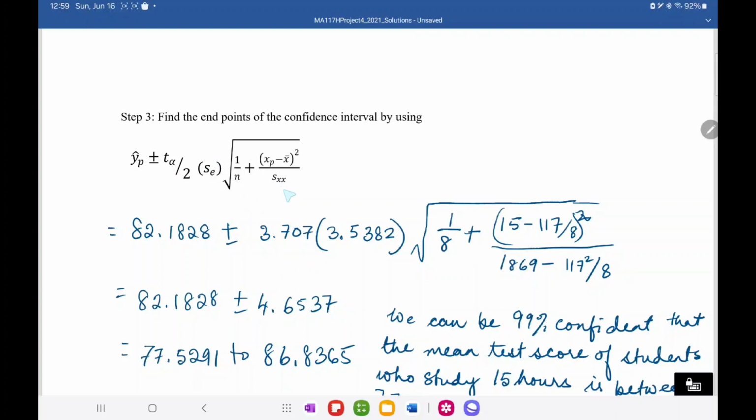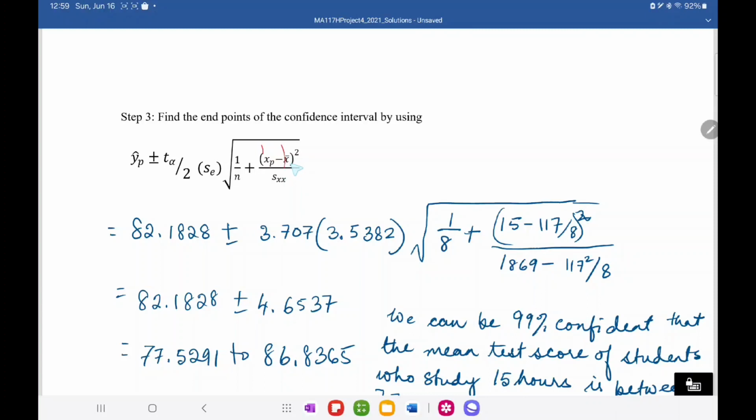Make sure you plug in the right values. Y hat sub p is going to be your point estimate, and to it we will add or subtract whatever the margin of error is from this part of the formula. All right, again, so make sure you plug in your values correctly. X bar here is the mean of all the x values.